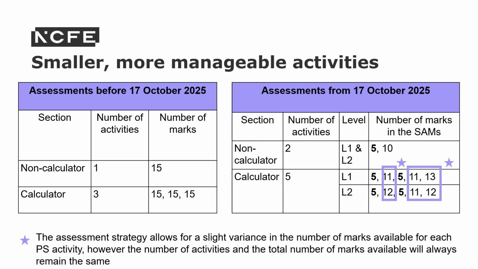So there will be a slight variance. It won't always be exactly the same number of marks as the sample papers, but it will always add up to the 45 marks.